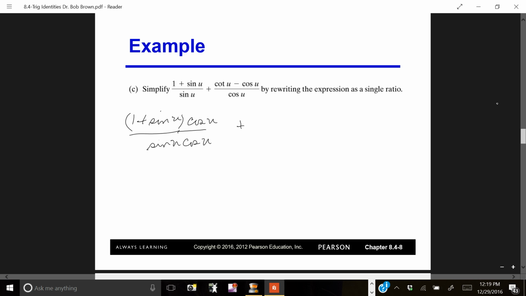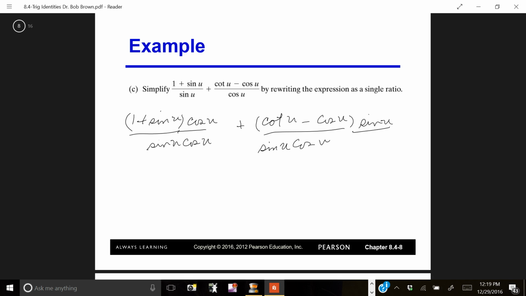And then the second one would be cotangent of u minus cosine of u divided by cosine of u, and I'm going to multiply top and bottom by sine of u so that they now have the same denominator.